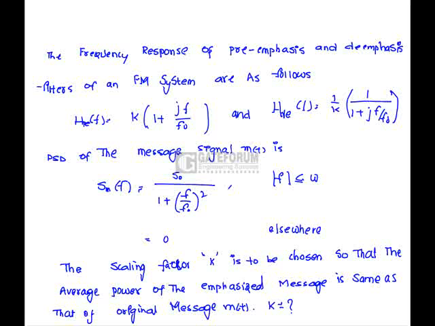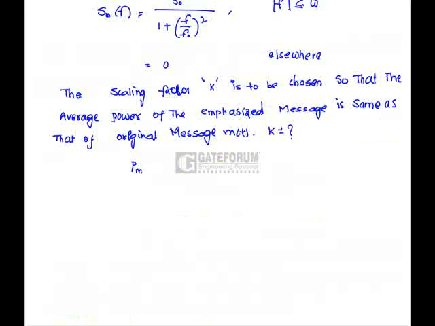The power of the message signal is nothing but the integration of the PSD over the frequency range mentioned. I am indicating the power of the message signal with PM. Because S_M of f is an even function, I am taking the integration from 0 to omega, of S naught by (1 plus f by f naught) whole square, df.